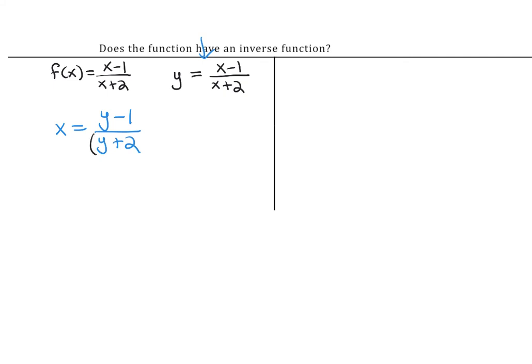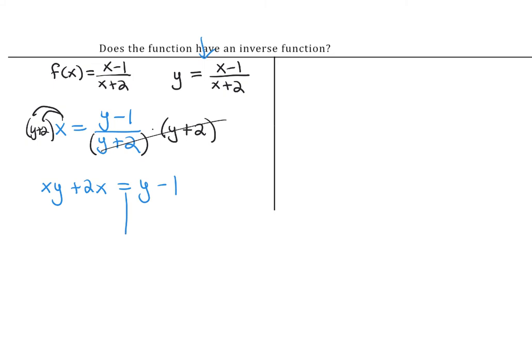So to do that, I've got this fraction, so I'm going to multiply both sides by the denominator y plus 2 so that those cancel. On the left, I will distribute. So I'll have xy plus 2x equals y minus 1. I'm going to get my y's on the same side. So xy minus y, and I'm also going to then subtract the 2x to the other side, so negative 2x minus 1.